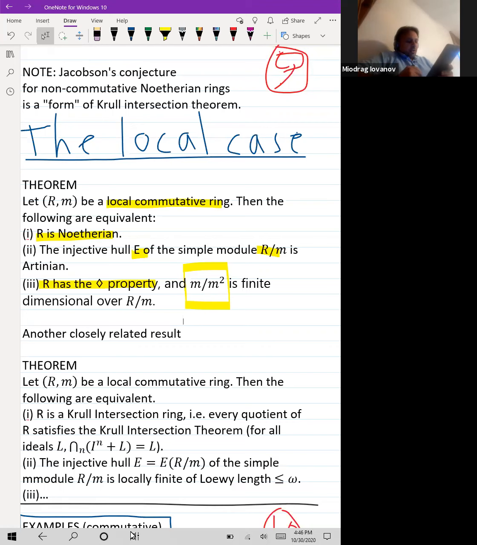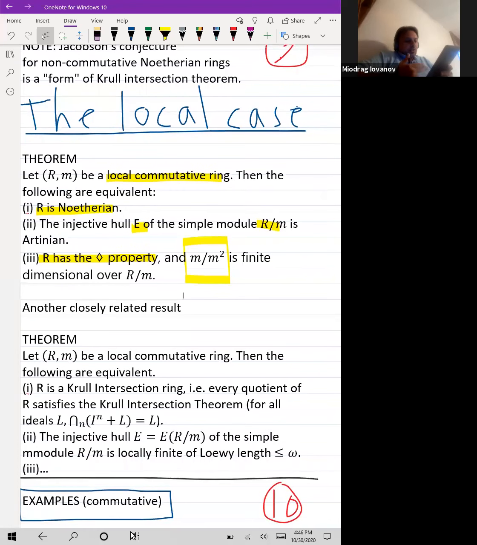So here's another closely related result. I thought, okay, so how about the Krull intersection theorem? When does the Krull intersection theorem work?